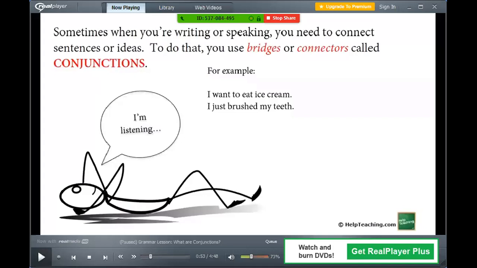So when we do that, these words that we use to connect or join together two sentences, two words, two phrases, we call them conjunctions. For example, here we see, I want to eat ice cream. The second one, I just brushed my teeth.